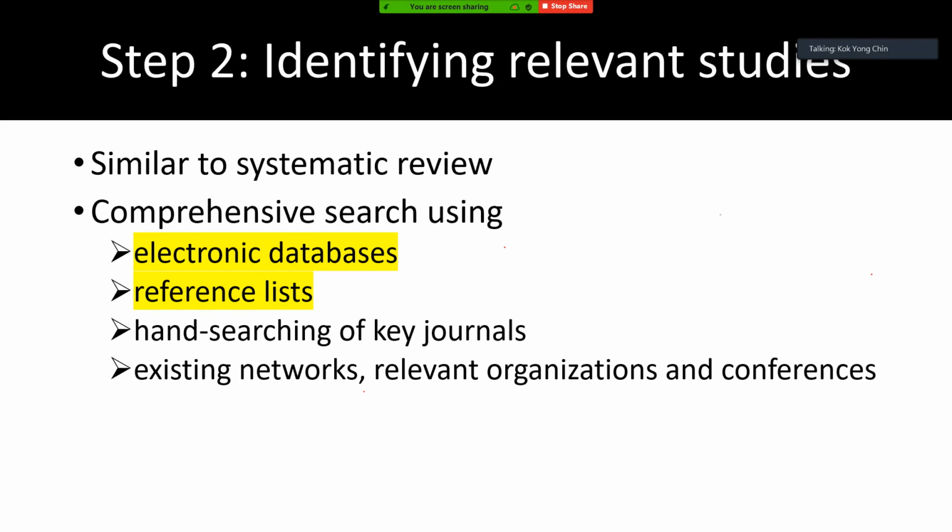That's questionable. The most common are electronic databases and reference lists. Sometimes other guidelines will also ask you to search for gray literature, meaning literature that has not been published, or guidelines, white papers, policy papers, even conference abstracts. But for us, I think we focus on electronic databases and reference lists. These are the key resource areas we want to focus on.